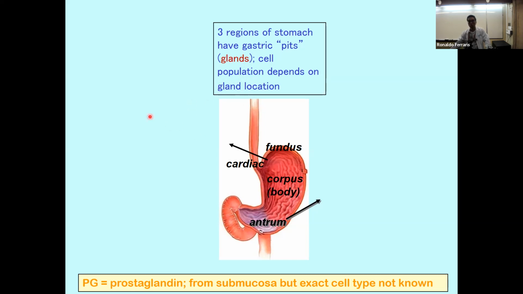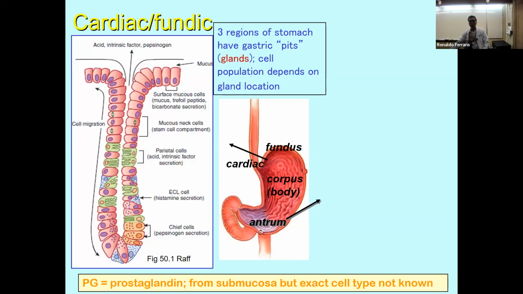So this is a cross-section of the stomach. There is a cross-section of a gastric gland found in this upper region of your stomach, in the fundus region. The top cells are surface mucous cells.